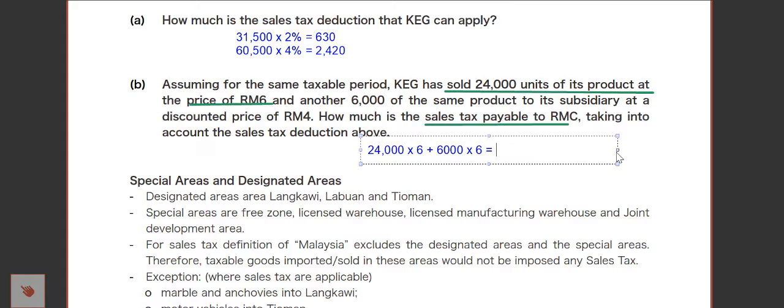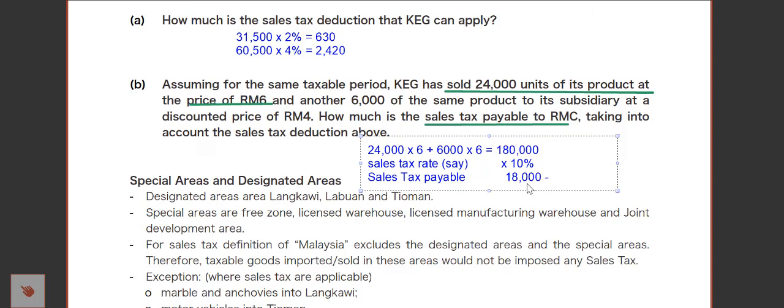So the amount would be 180,000. Sorry, I didn't give the sales tax rate. So let's assume your sales tax rate is 10%, okay? Then your sales tax payable is supposed to be 18,000, right?